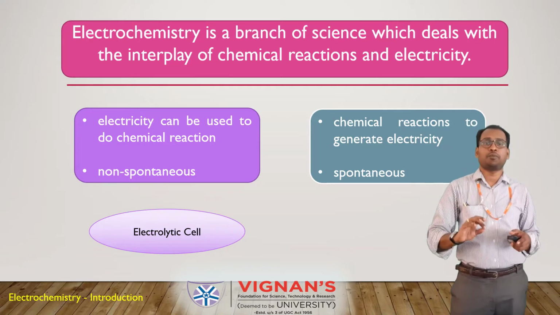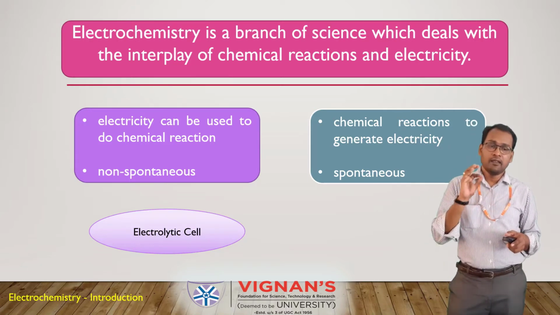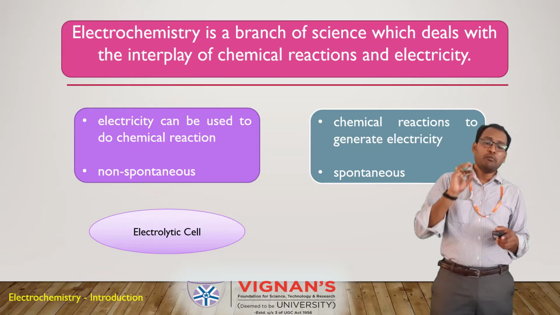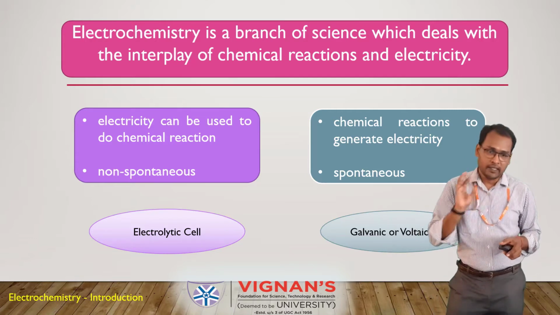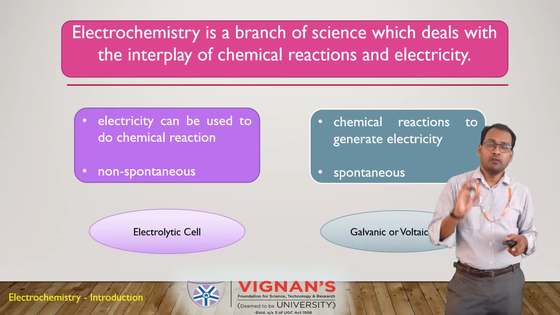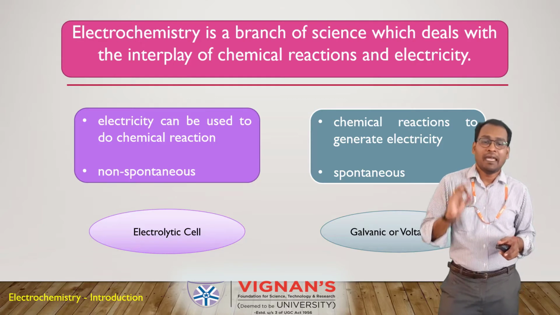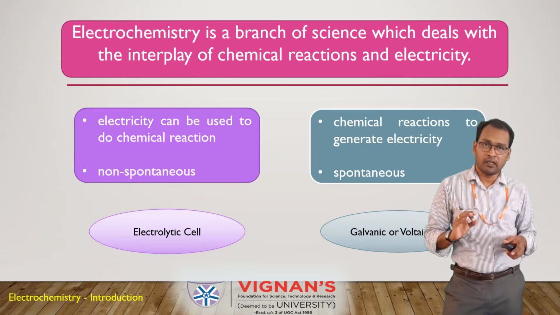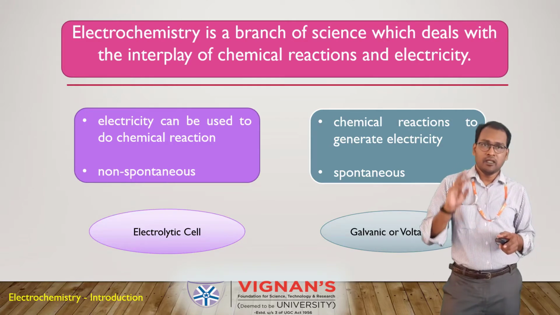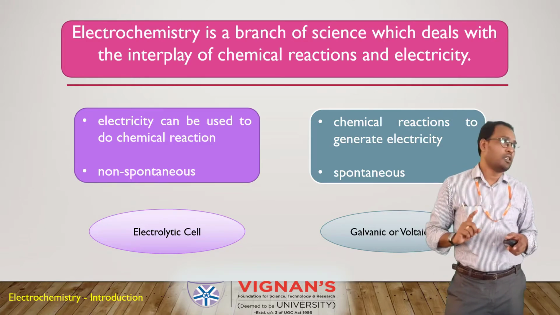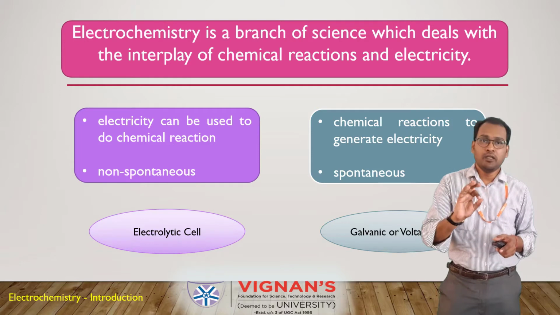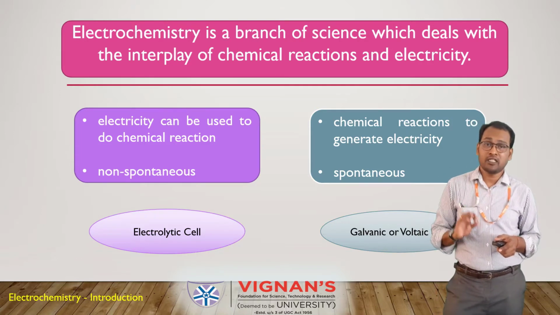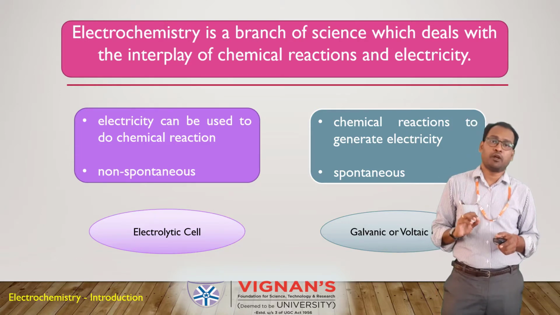So this is a very spontaneous process, okay, and this will be followed in most of the galvanic or voltaic cells. Right? Is it clear? So, repeating once again from top to bottom, electrochemistry is a branch of science which deals with the interplay of chemical reactions and electricity. There are two possibilities. One possibility is electricity can be used to do some chemical reaction, though it is a non-spontaneous process.